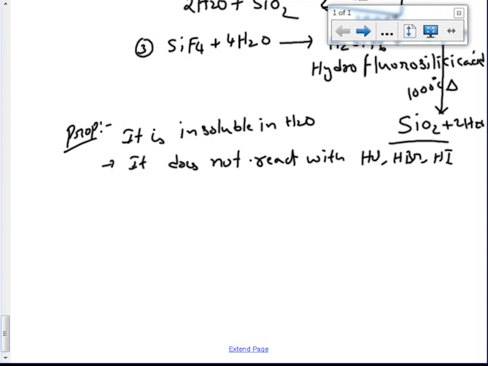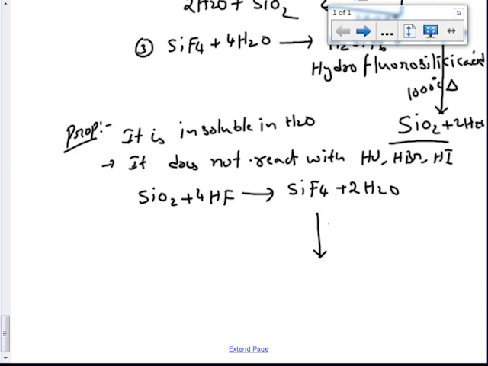Normally we are seeing H2SiF6 form like that. See the SiO2 on reaction with HF, first it can give SiF4 plus 2 moles of water.